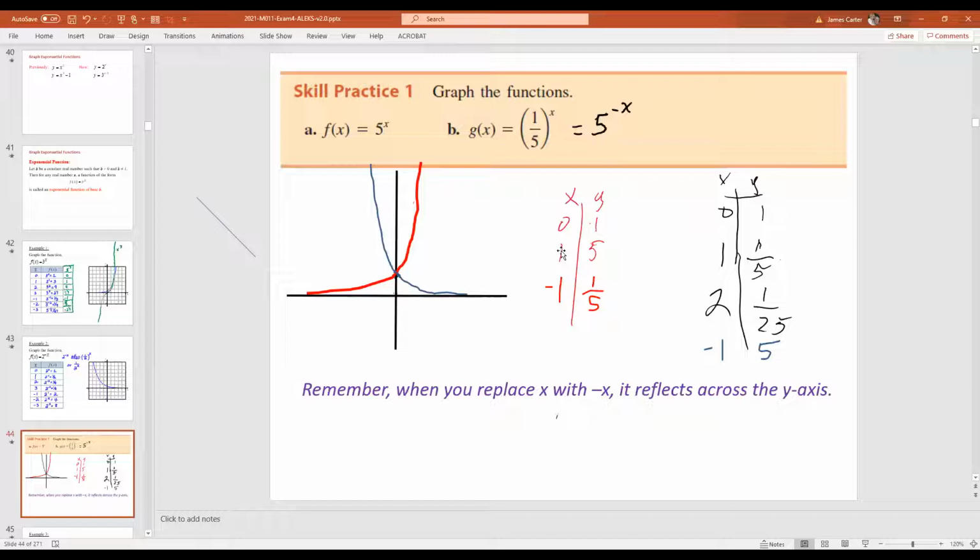But in this one, if x is 1, this is 5. Here, if x is 1, it's 1/5. If x is 2, then it's 1/25, just like it's 1/25 over here for -2. And if x is -1 in the black graph, then we go up to 5. So you see these two, 5 to the x and 5 to the -x, are reflections across the y-axis.